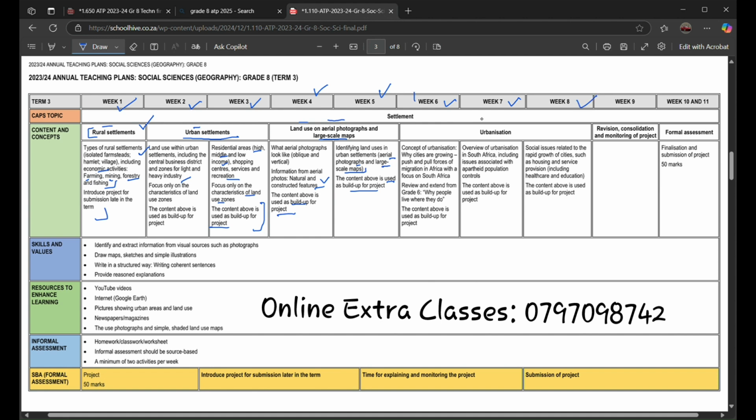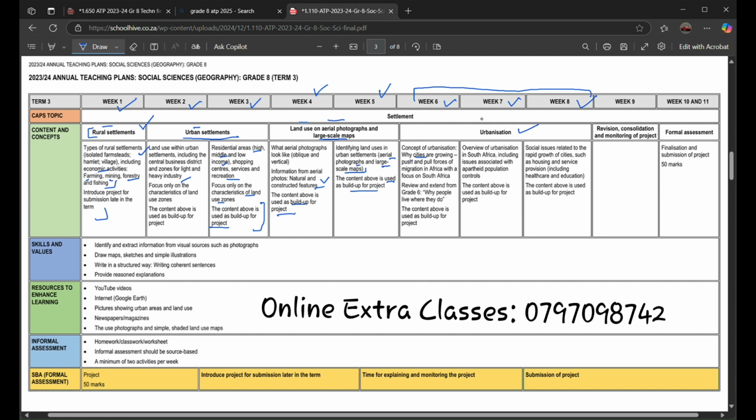And during weeks 6, 7, and 8, we will be working on one chapter, which is called urbanization. So under week 6, we will start with the concept of urbanization, meaning that we need to understand why cities are growing.